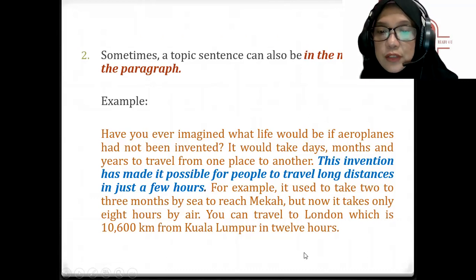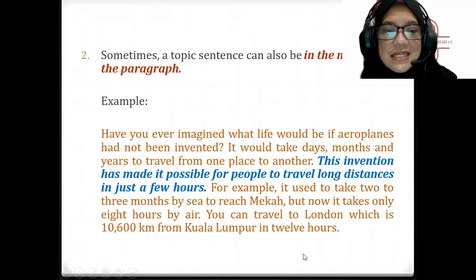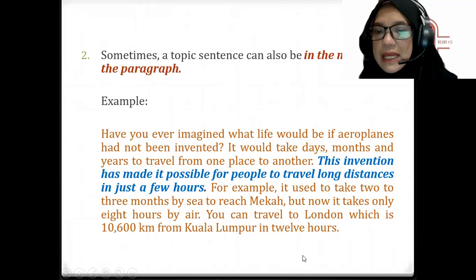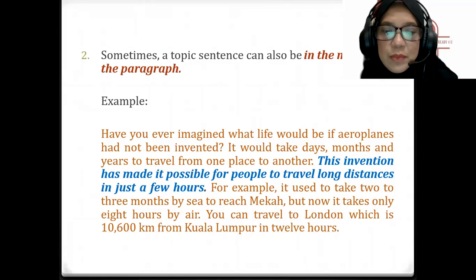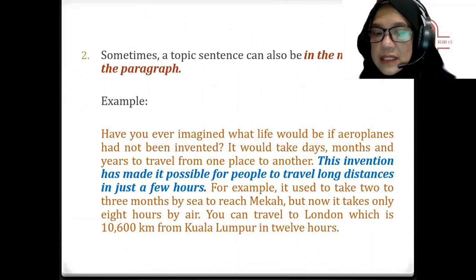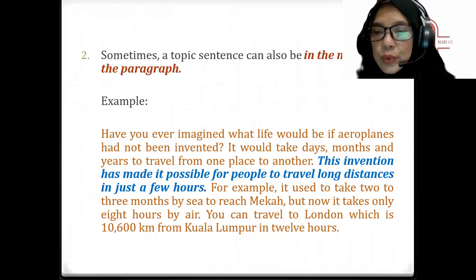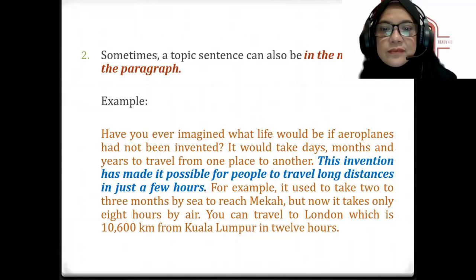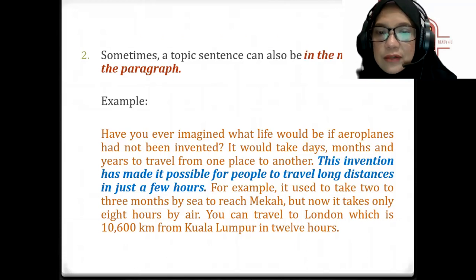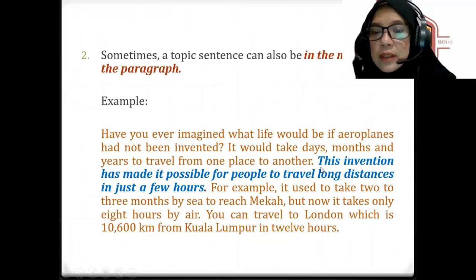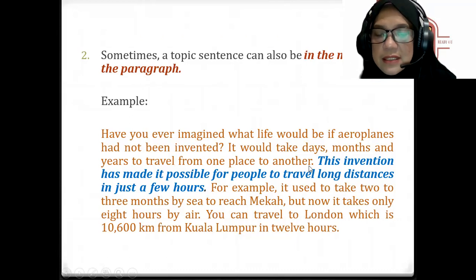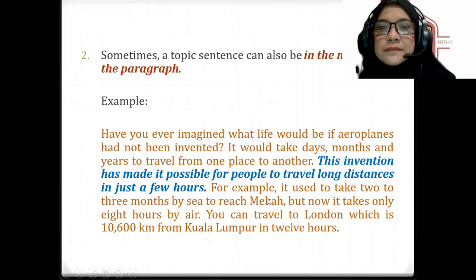For example, it used to take 2 or 3 months by sea to reach Mecca, but now it takes only 8 hours by air. You can travel to London, which is 10,600 kilometers from Kuala Lumpur, in 12 hours. See, we're talking about aeroplanes, flight, right? So the topic sentence is placed in the middle of the paragraph. Okay?